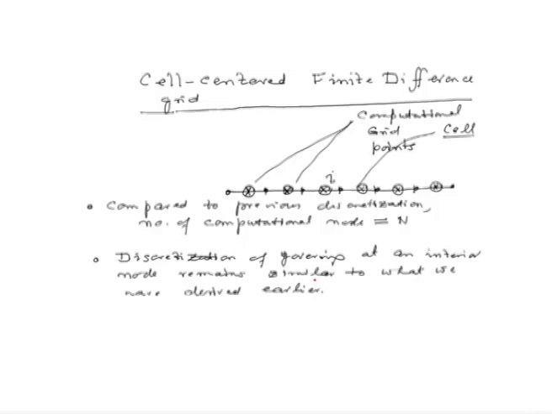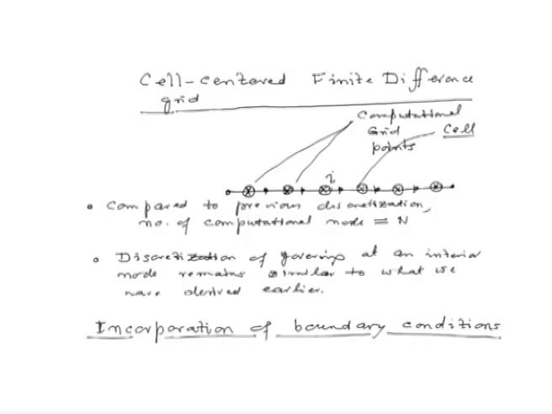So now let us come to the boundary nodes. That is, now let us have an incorporation of boundary conditions. We will take two cases, one of temperature specified. So case A, which we call Dirichlet BC, that is temperature specified.